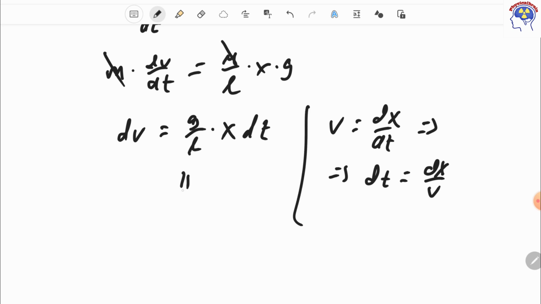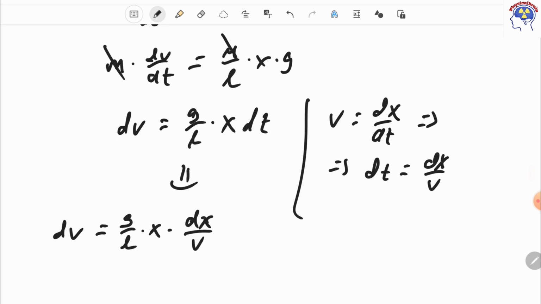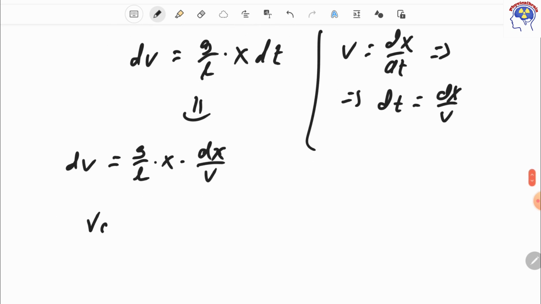So we get here dv equals g/L times x times dx/v. And we got to the same form as before, v dv equals g/L x dx.